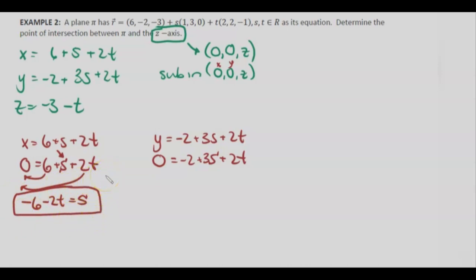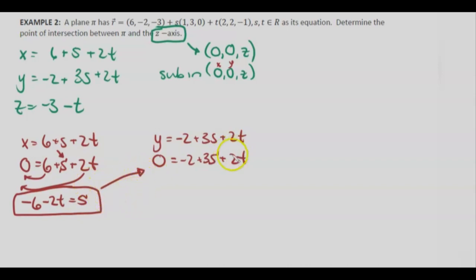Okay, by using the parameter, if you get a parameter with the coefficient of 1, what ends up happening is you're not going to have to deal with fractions, right? Because we're not dividing out in order to isolate for s. Okay. So then what we do is, again, two equations, two unknowns.